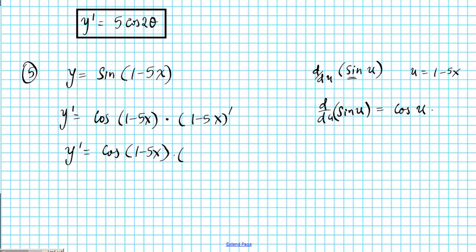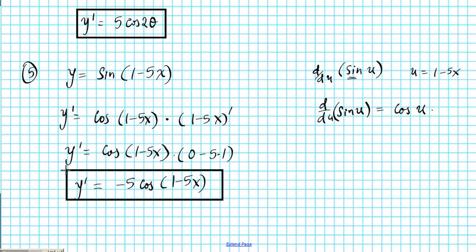So it's 0 minus the derivative of 5x. You factor out 5 and differentiate x, you get 1. So it's times 5 times 1. Alright? So this is basically negative 5. So y prime is going to be negative 5 cosine 1 minus 5x. And there goes your final result.